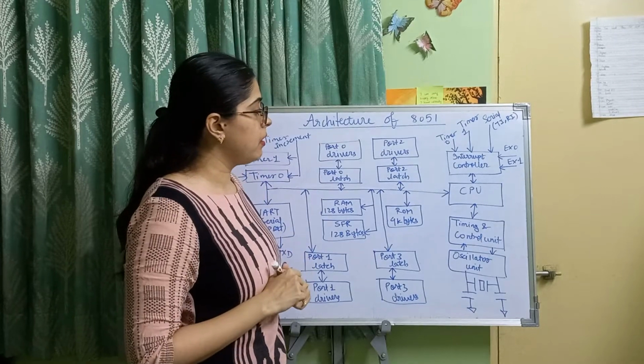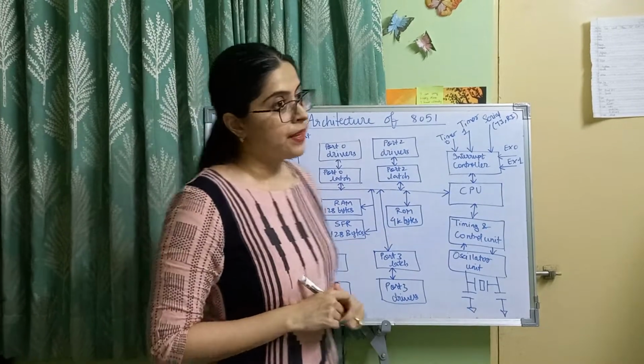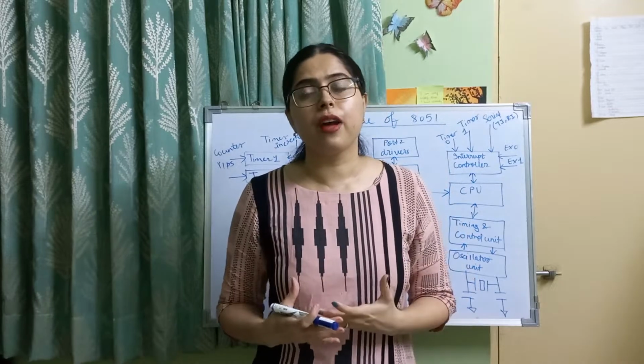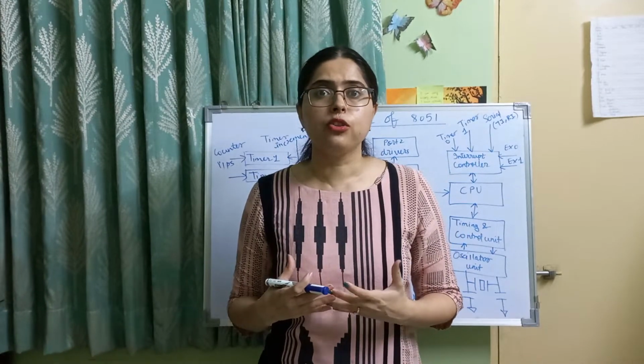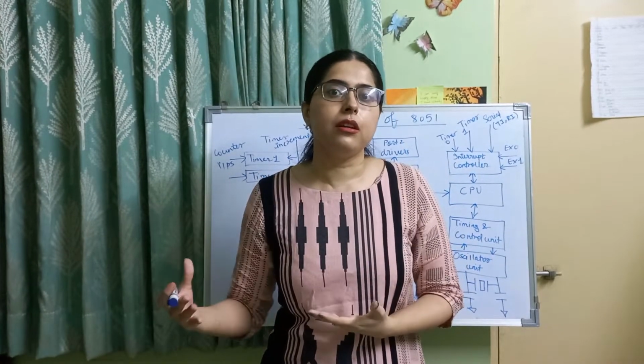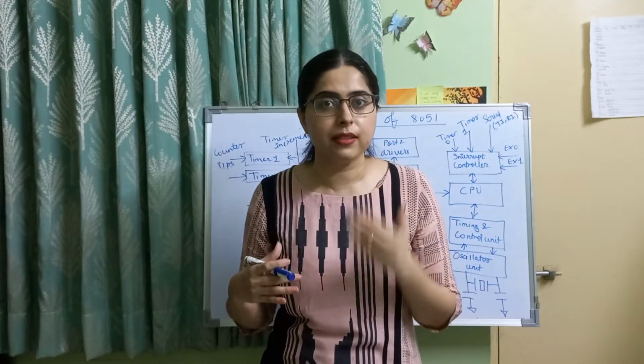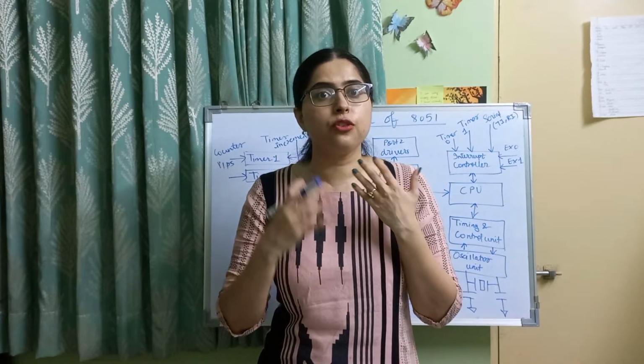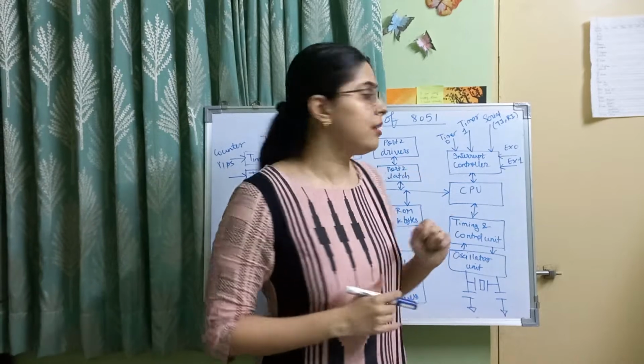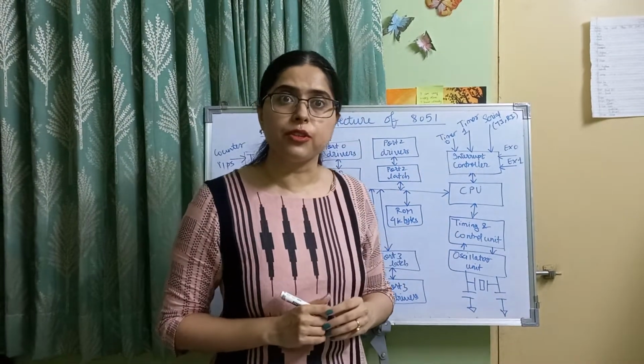Now let's see timing and control unit. See, in 8051 microcontroller, if it wants to communicate with external devices, then it requires various signals. Various signals need to be generated, and those signals are generated by the timing and control unit.